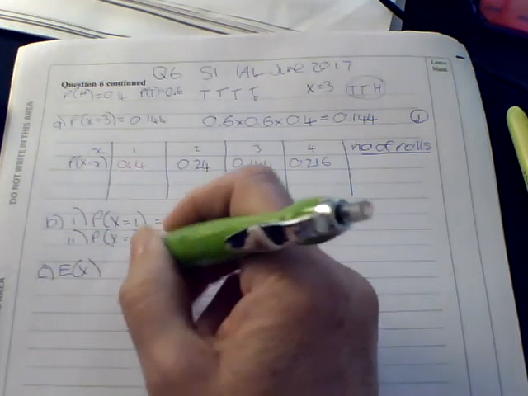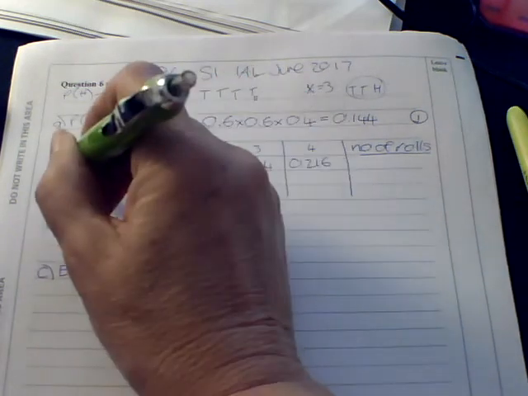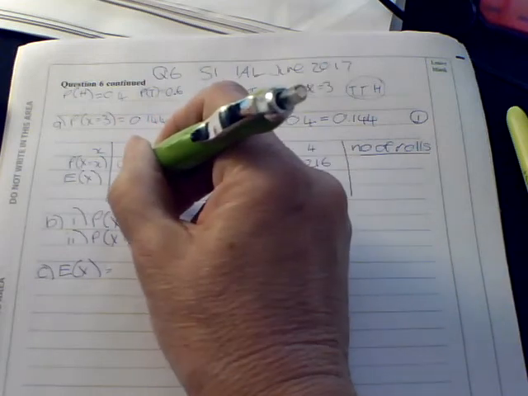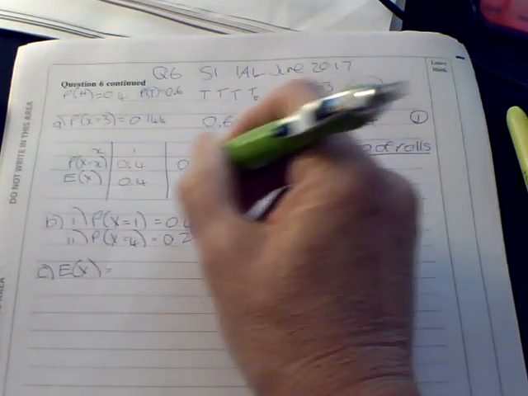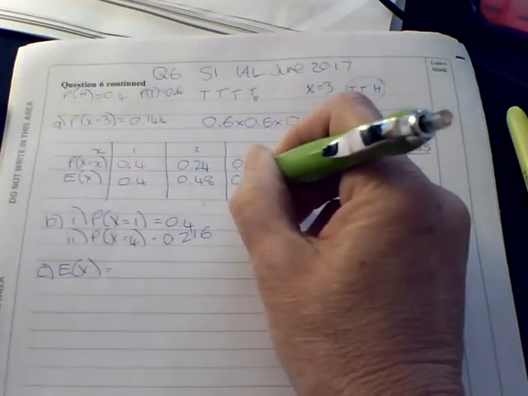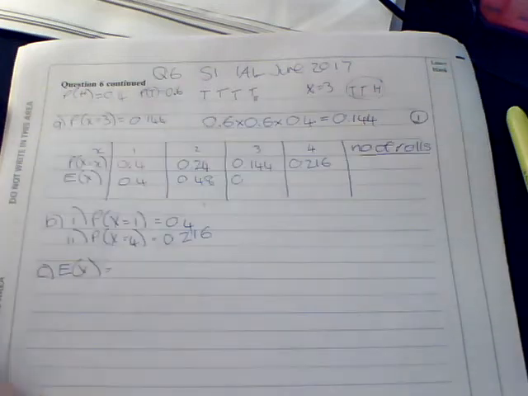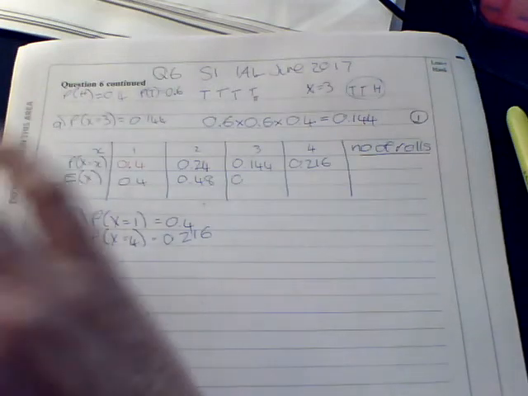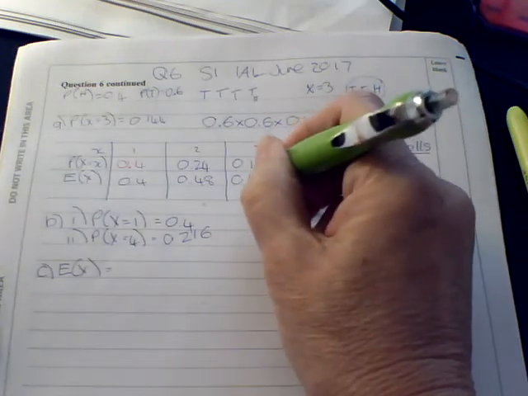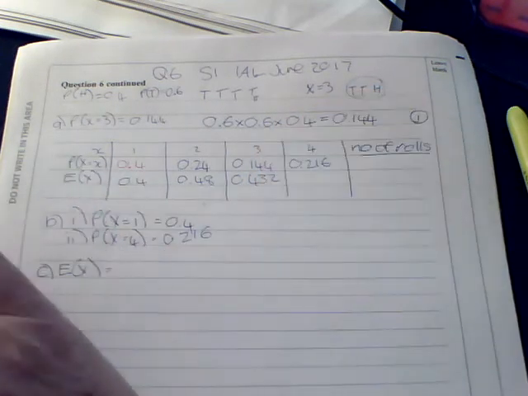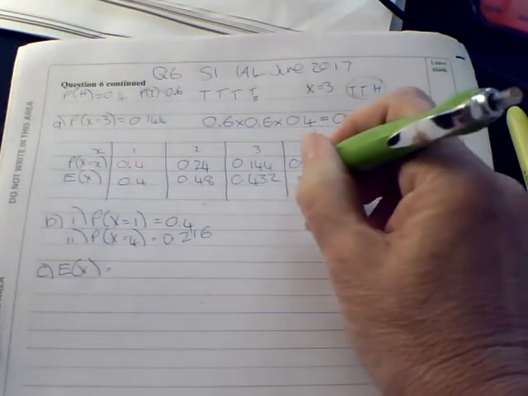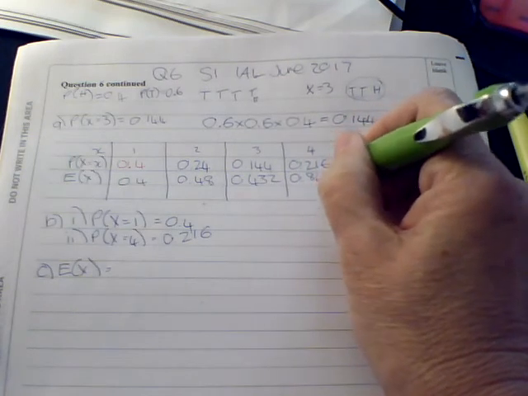Okay, so for part C, find the expected value of x. The expected value of x is when we multiply each of these. I'm going to just do it here because I think it's easier. 1 times 0.4 is 0.4, 2 times 0.24 is 0.48, 3 times 0.144 is 0.432, and 4 times 0.216 is 0.864.